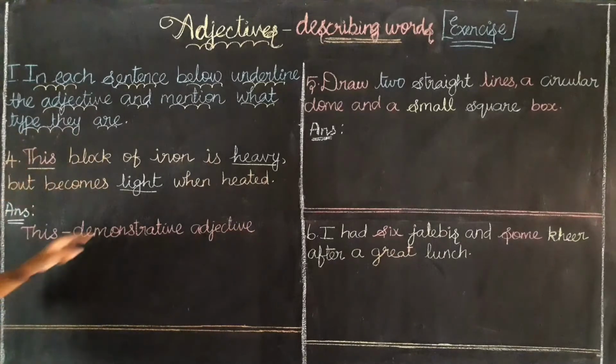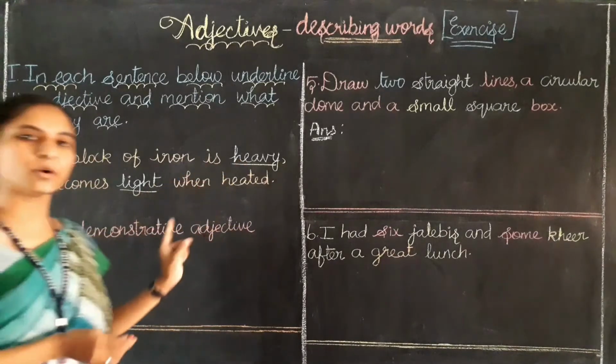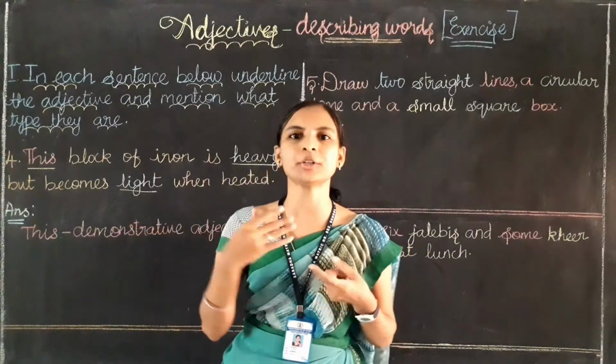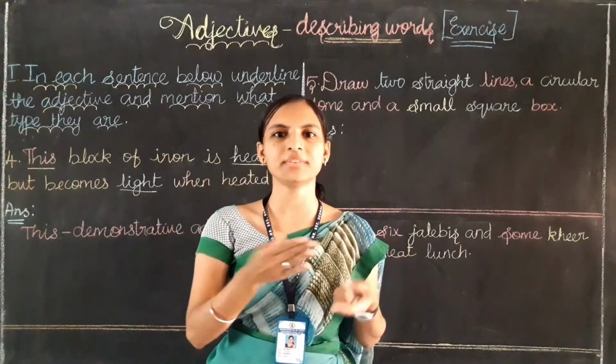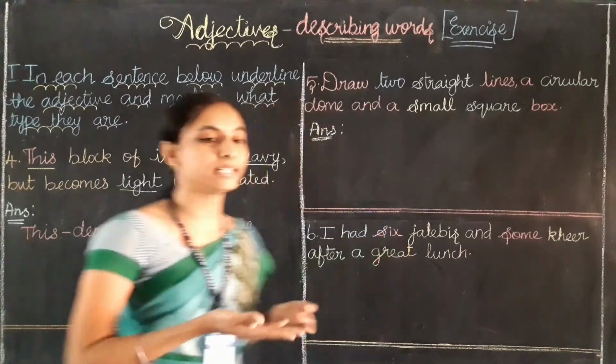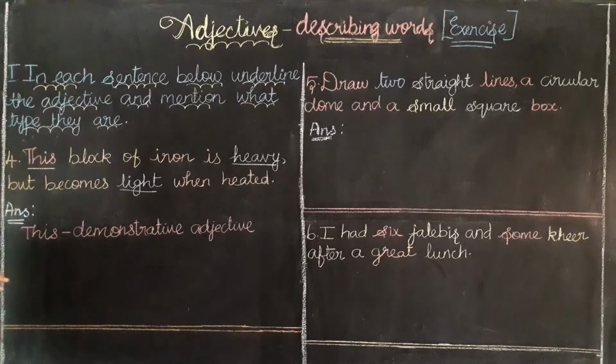So what is the second? Yes, heavy and light. They both are adjectives of quality only. So in the same line I am going to use these words, heavy, light. They both are adjectives of quality. It's not quantity, it's about the quality. Okay. So I am writing here heavy, also light.